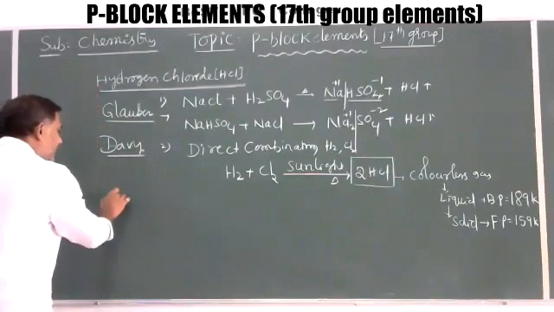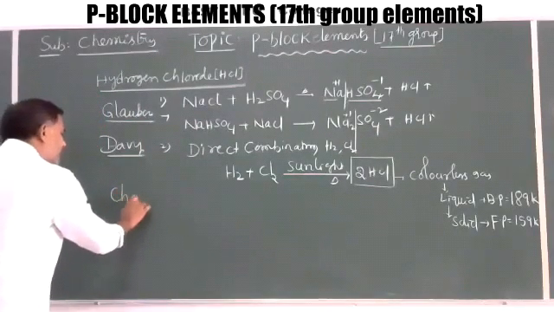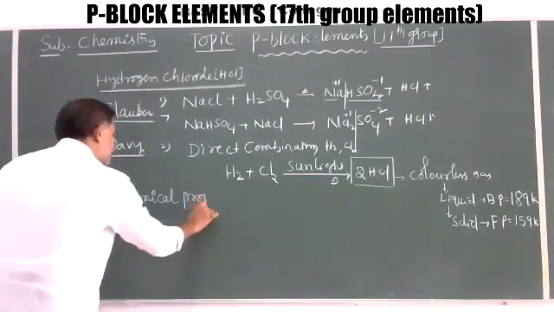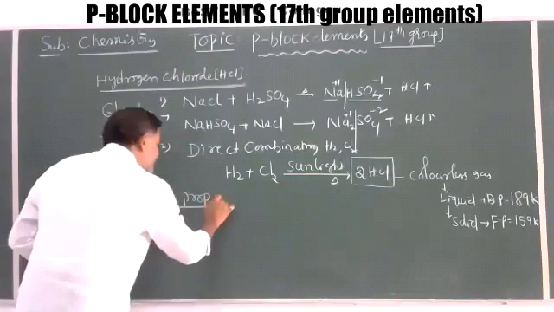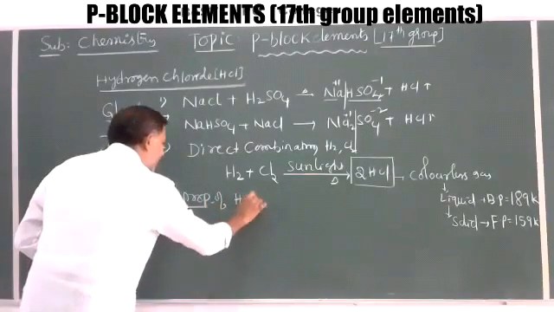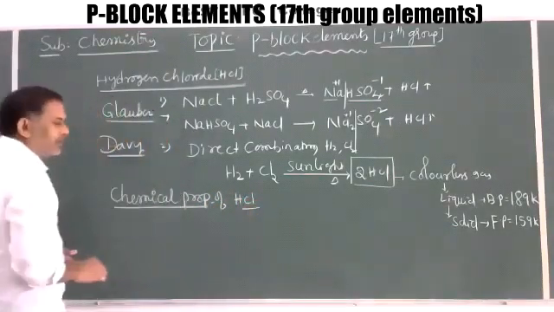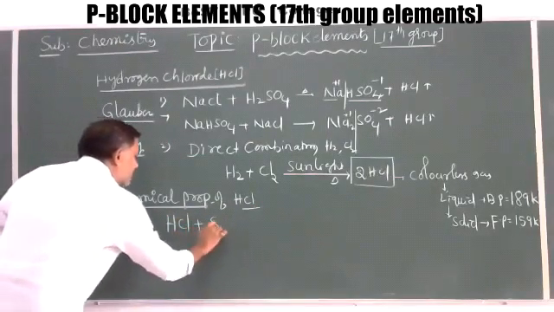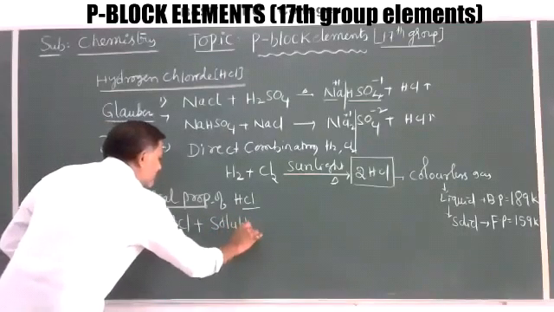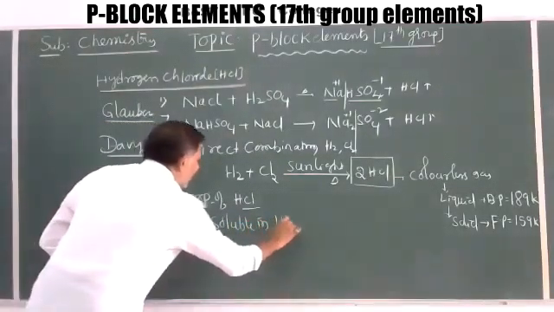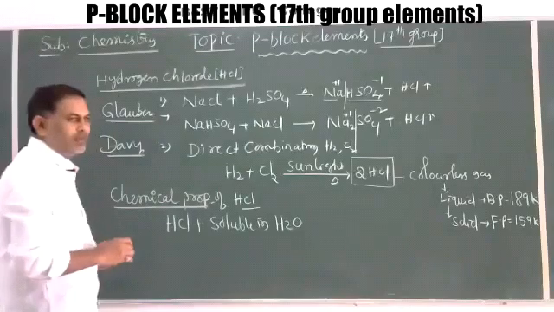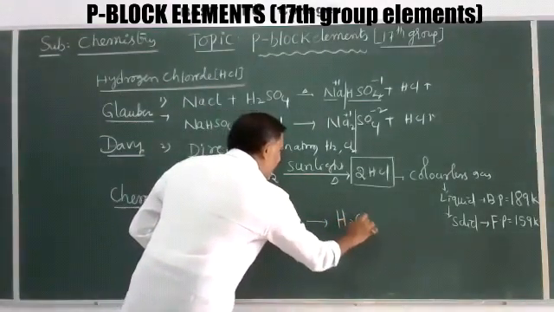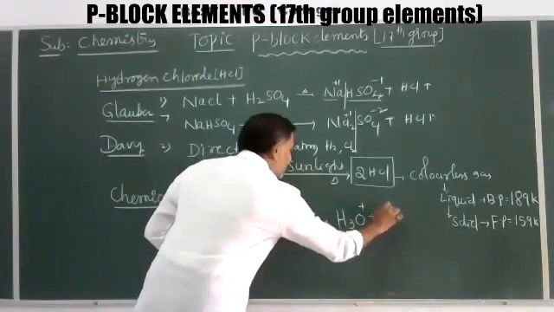Now here, chemical properties of HCl, hydrogen chloride. HCl is readily soluble in water, and it gives H3O plus and Cl minus.